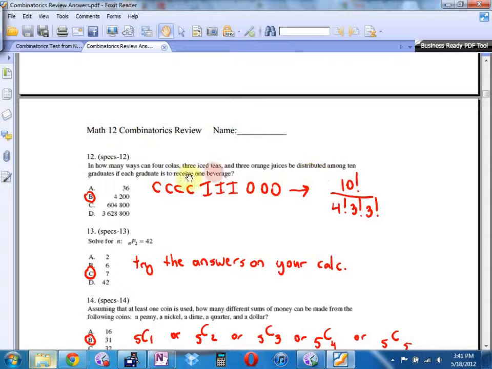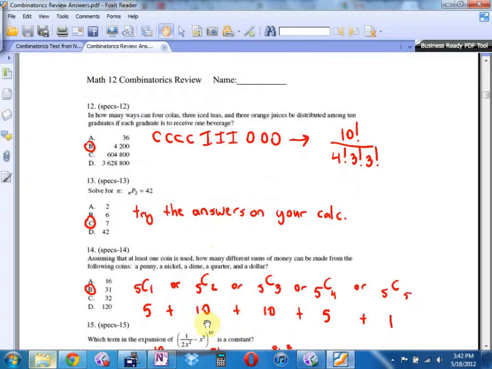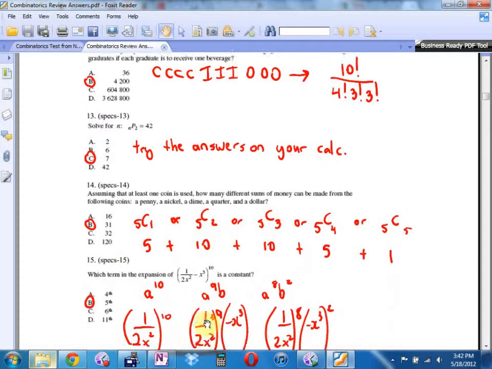This is saying how many ways can I mix these up? That's the same as saying 4 Cokes, 3 iced teas, and 3 oranges. How many ways to mix it up around 10 people? That's a word. That's really saying how many different ways can I rearrange this? But I'm not going to count you getting Coke 1 as different from you getting Coke 2, which is why I said these are repeating letters, right? Yeah, 14 was tricky.